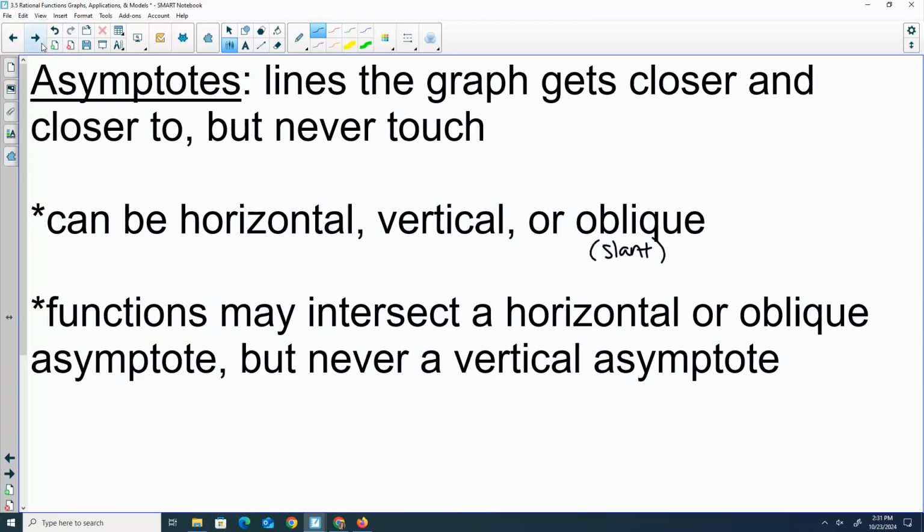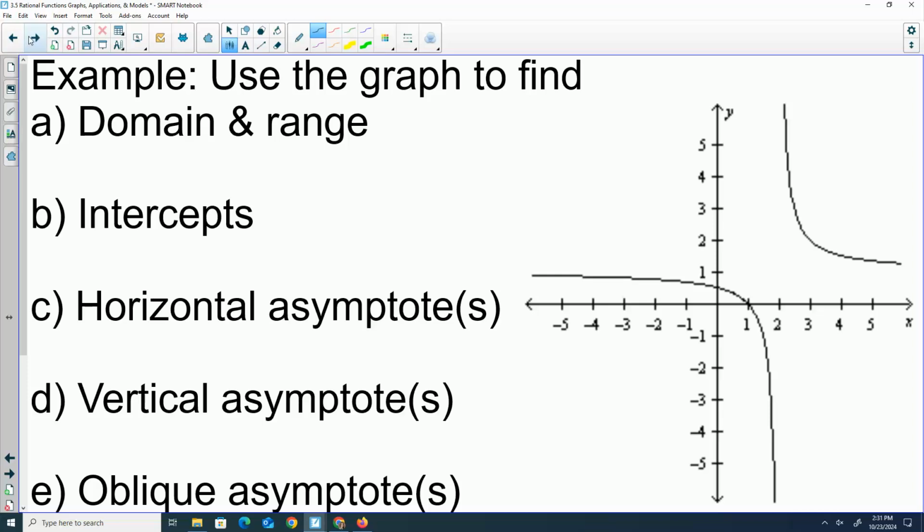Now, as far as how we find these, there are some rules. First, I want to look at a graph and make sure we can pick out our asymptotes and things from that graph, and then we'll work up to the point where we can draw the graphs ourselves. I gave you this one, could you tell me the domain of this function?